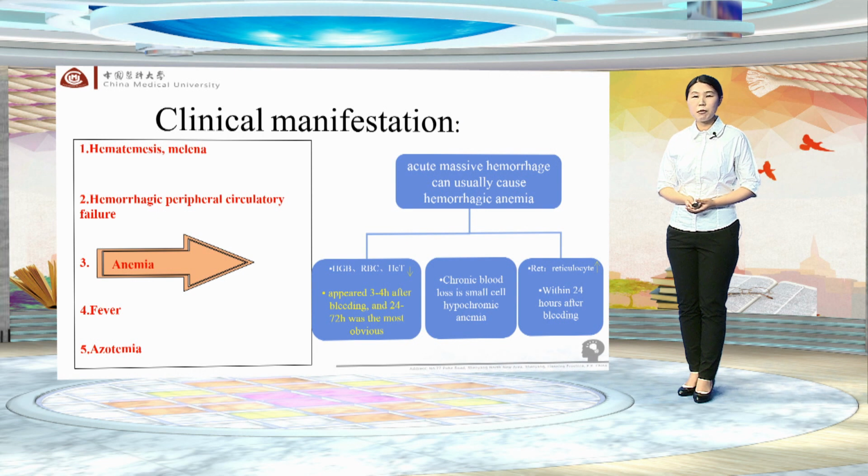We can see hemoglobin, red blood cell count, and HCT are all reduced. RET will increase within 24 hours after bleeding. Patients with chronic blood loss usually present with small cell hypochromic anemia, while acute blood loss usually causes normocytic anemia.